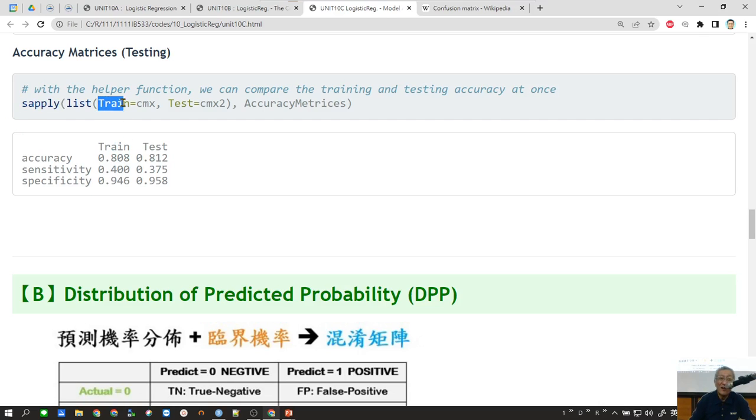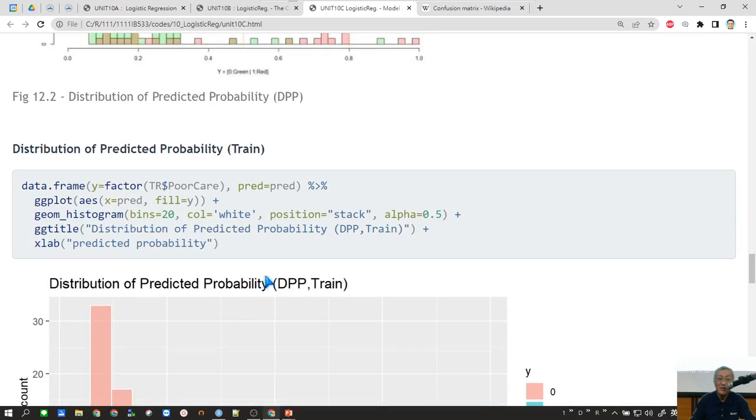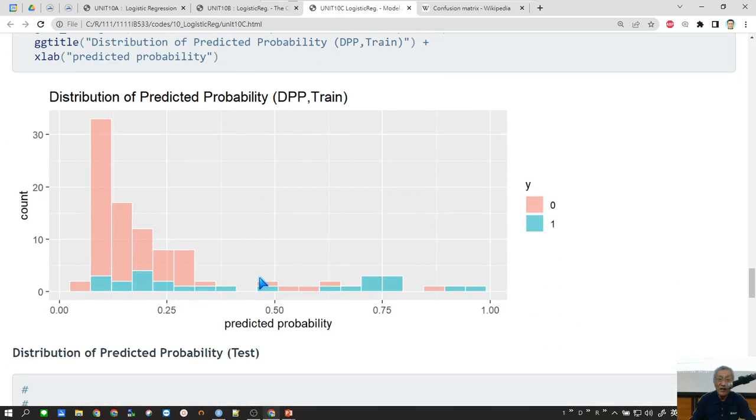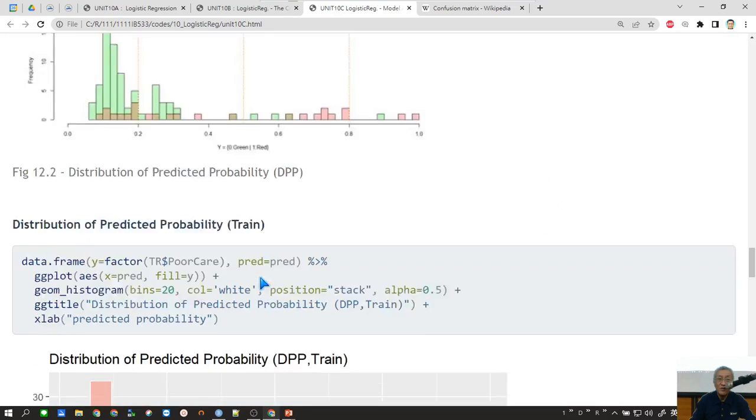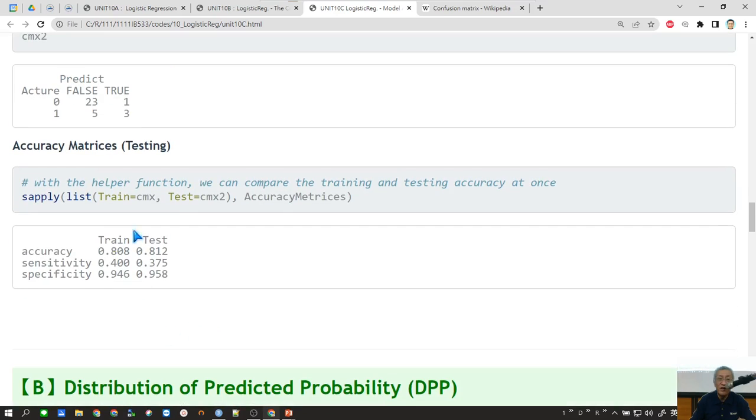In sapply, I have a confusion matrix of training and a confusion matrix of testing, then I call the function and compare the two. As I told you, these metrics are based on a threshold of 0.5, and that is not very useful.